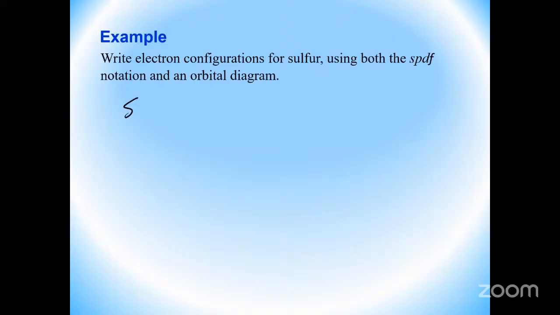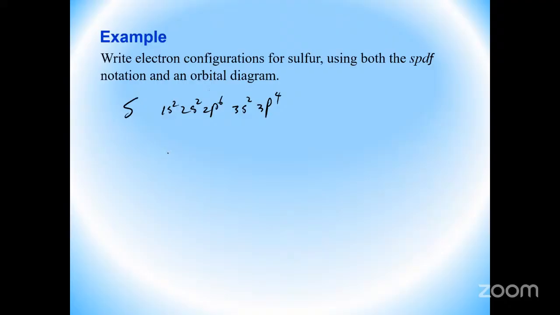So in the case of sulfur, 1s2, 2s2, 2p6, and then 3s2, and then 3p4. So that would be the full electron configuration. And just by the way, even though the question is not asking for the full electron configuration, what do you think the abbreviated electron configuration would be?